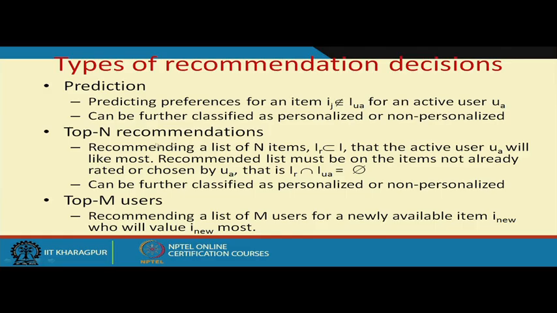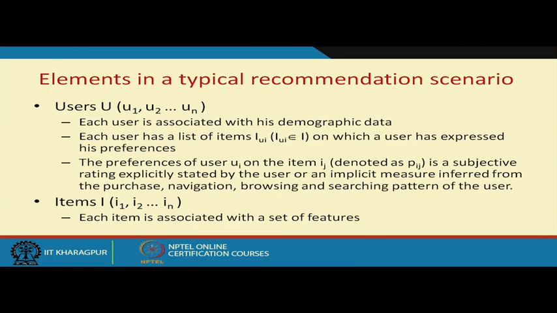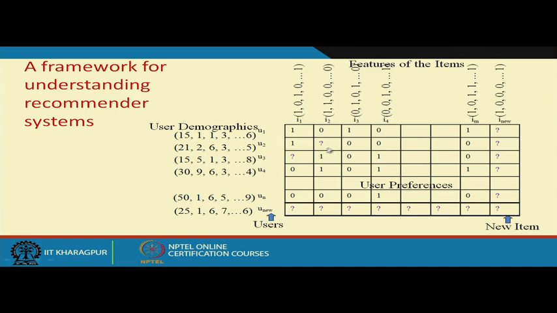Then top n recommendation, recommending a list of n items that the active user U A would like most. If this is the active user and he has not seen many items, which are those top few items which should be suggested to him?